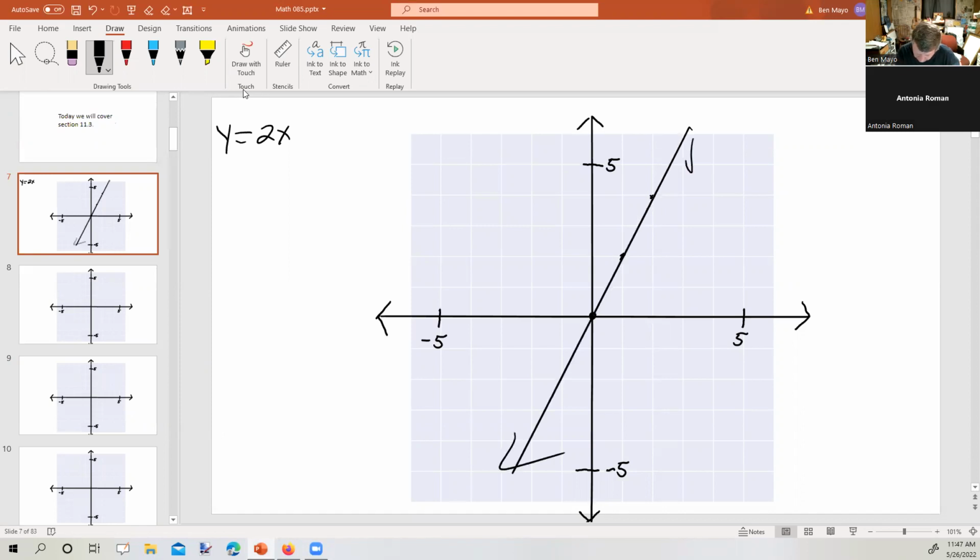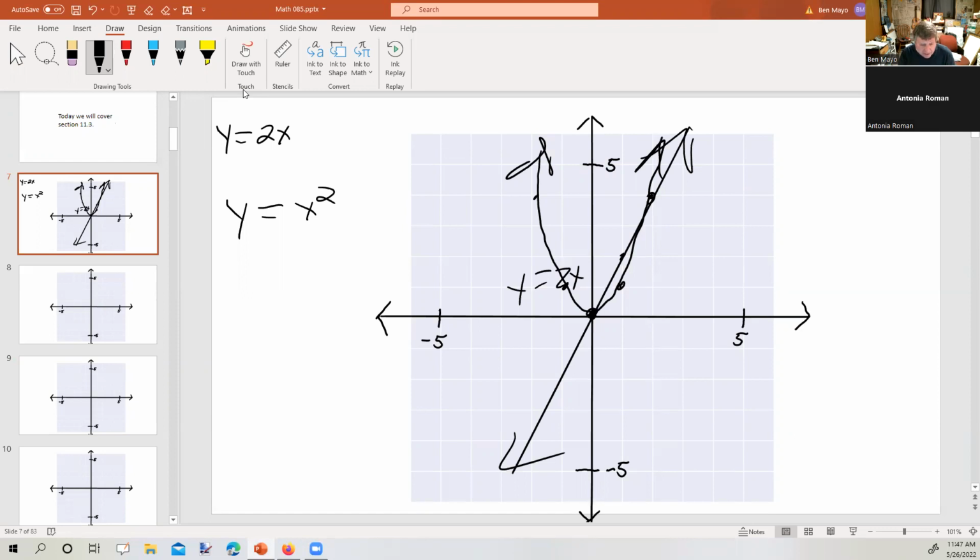So it looked something like that, right? We've looked at second degree equations, y equals x squared, and that would look like, let's see here, like a parabola. Like that, okay? So we've looked at linear equations, quadratic or second degree equations.